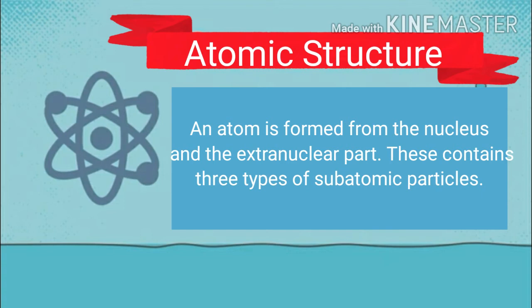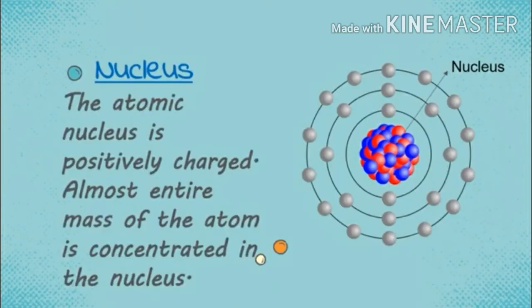Atomic structure. An atom is formed from the nucleus and the extranuclear part. Nucleus: the atomic nucleus is positively charged. Almost the entire mass of the atom is concentrated in the nucleus. Where is the mass of the atom concentrated? In the nucleus.